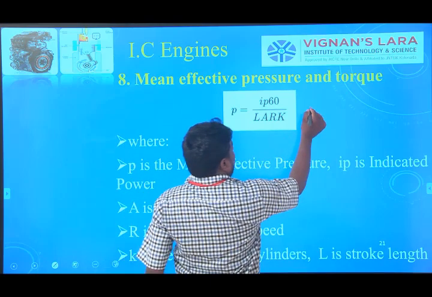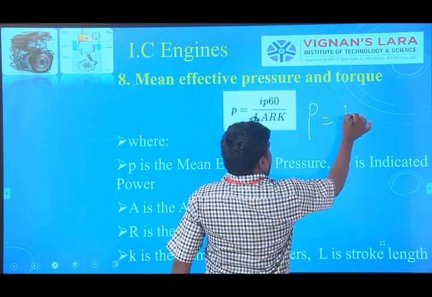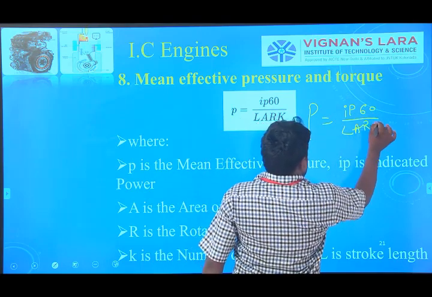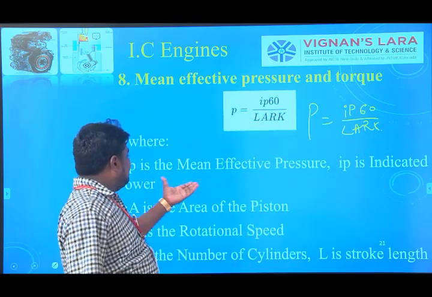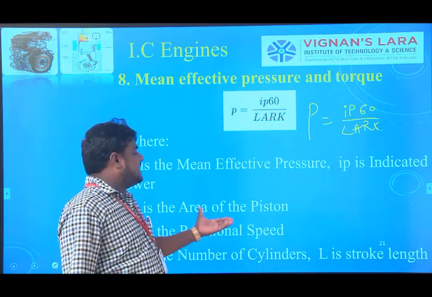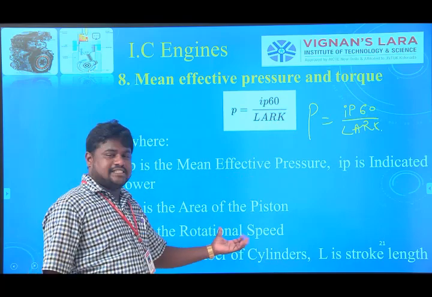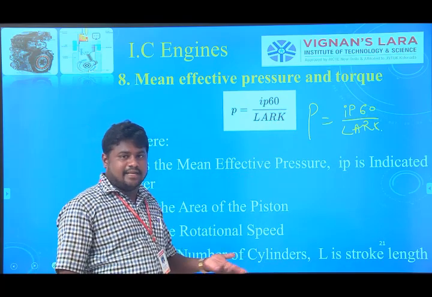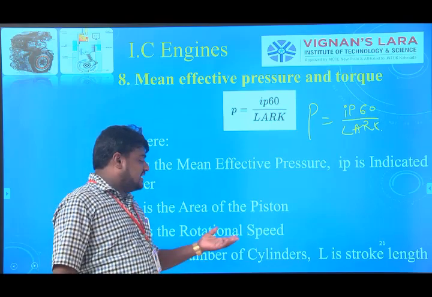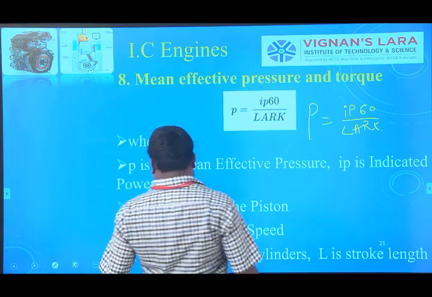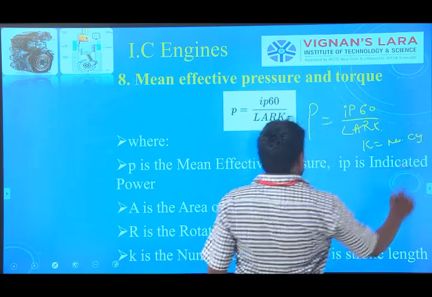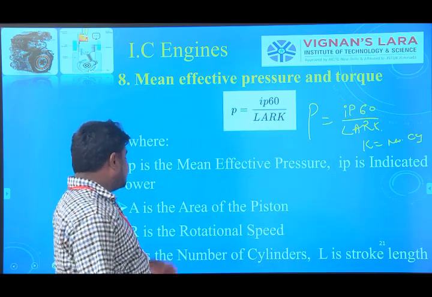So this is the mean effective pressure, P equal to IP times 60 by LANK, where P is the mean effective pressure, IP is the indicated power, A is the area of the piston, N is the rotational speed, K is the number of cylinders, and L is the stroke length.